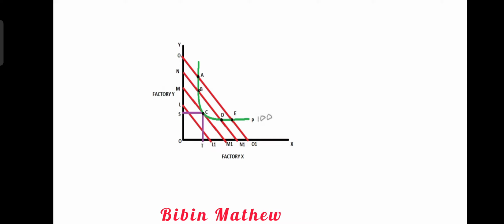The producer starts with the highest isocost line. The highest isocost line is OO1, where he can produce 100 units at the combination A. Likewise, the producer can produce 100 units at the combination E also. The whole curve P gives 100 units of output.